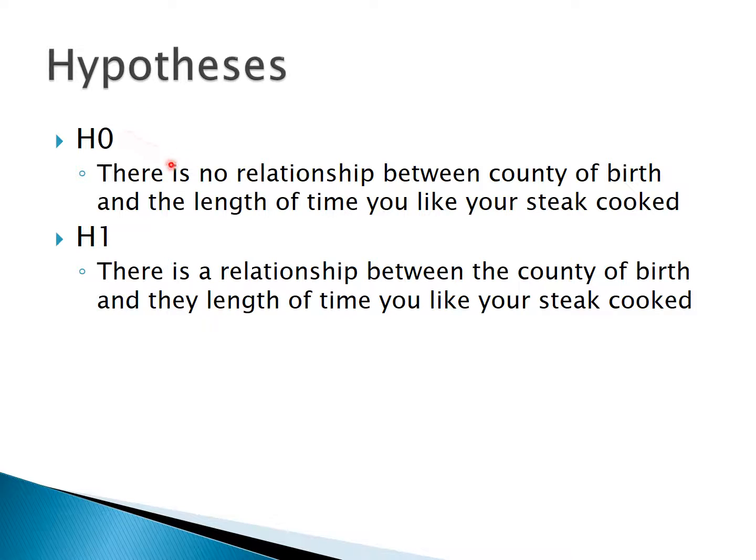So in this case, between the steaks and the country that you're born in, hypothesis 0 is there is no relationship between the country of birth and the length of time you like your steak cooked. The opposite to that, hypothesis 1, is there is a relationship between the country of birth and the length of time that you like your steak cooked. And you're trying to find out which one of these is true.